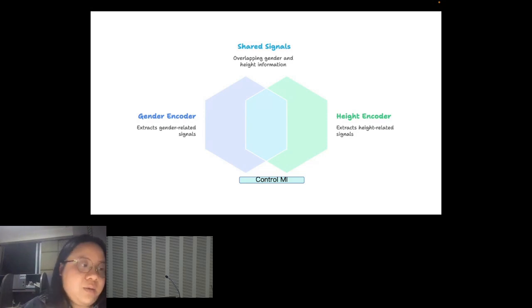And then next, if we want to control effects in a nonlinear PRS model, we can design some method, like a regression term in the loss function, to control mutual information between the two encoders. And this is the conceptual figure.